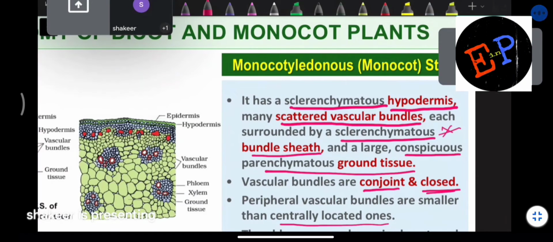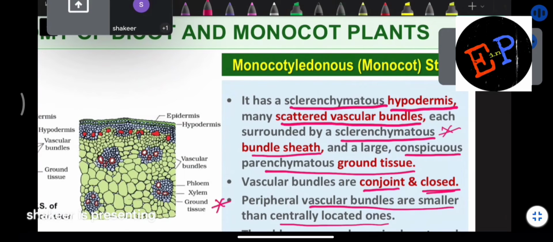Scattered means they are present throughout the stem wherever they like. That is called scattered vascular bundles. These scattered vascular bundles are surrounded by sclerenchymatous cells. Peripheral vascular bundles are smaller than centrally located ones. This is another important point. Peripheral vascular bundles means what?